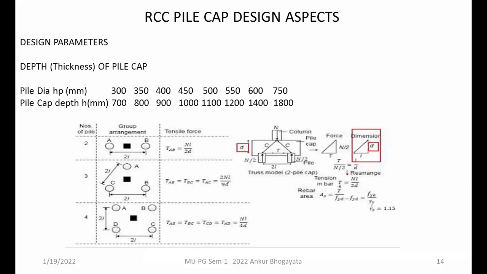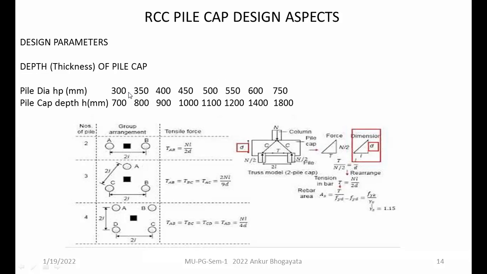So this is a pictorial view, for the design parameters regarding the thickness of the pile cap. These types of equations and formulas are given in the Reynolds book, which will be helpful to you. However, we have here some standard values of pile cap thickness, depending upon the pile diameter.